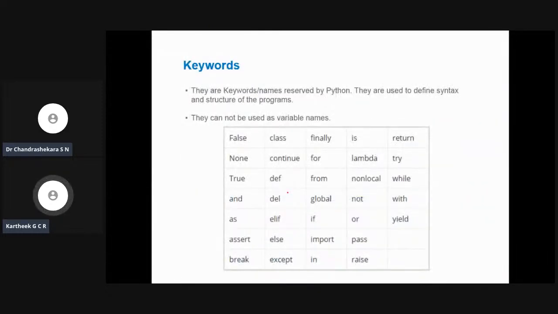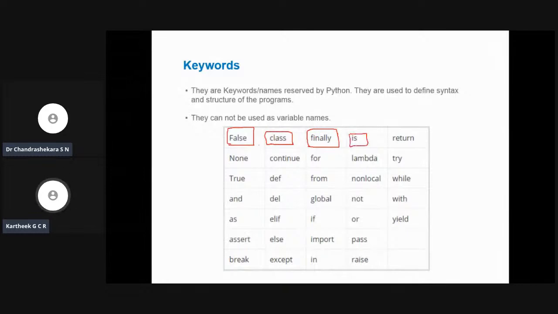Then come the reserved words, or what we call keywords, in other words. These are the words which are meant to do some kind of activity. For example, Boolean false gives the Boolean value of false. Instead of using 0, we can use false, right? Then we have a keyword called class, which is used to define a Python class. Finally, same as Java's finally.